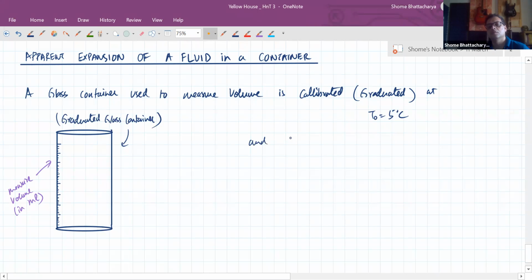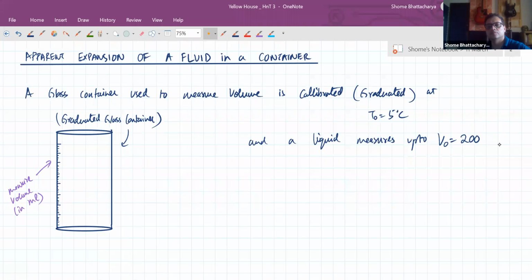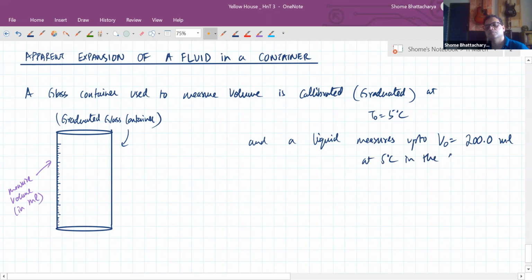And a liquid measures up to a volume of, let's say, 200 milliliters in the container.